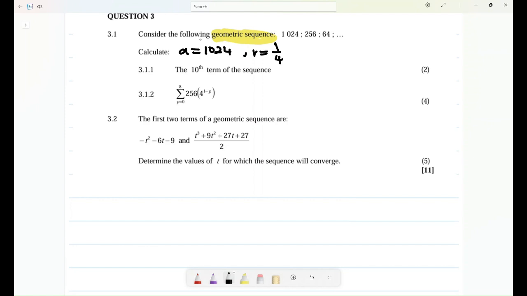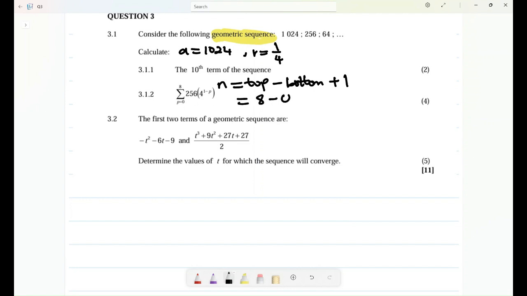All right. So first thing first, let's find the number of terms that they are looking for. How do you get the number of terms? You're going to say top minus bottom plus 1. So what's top? Top is 8.